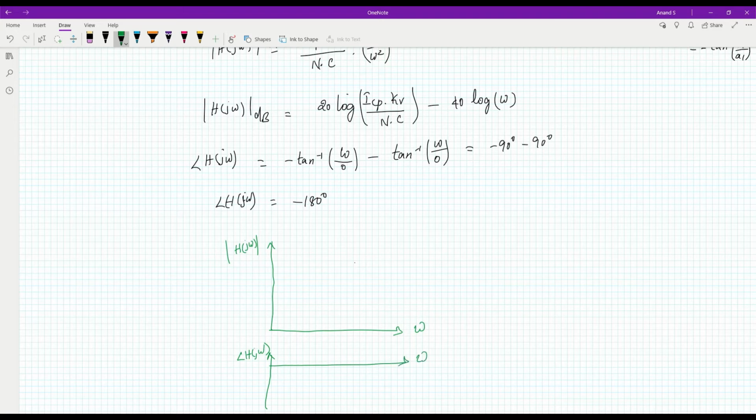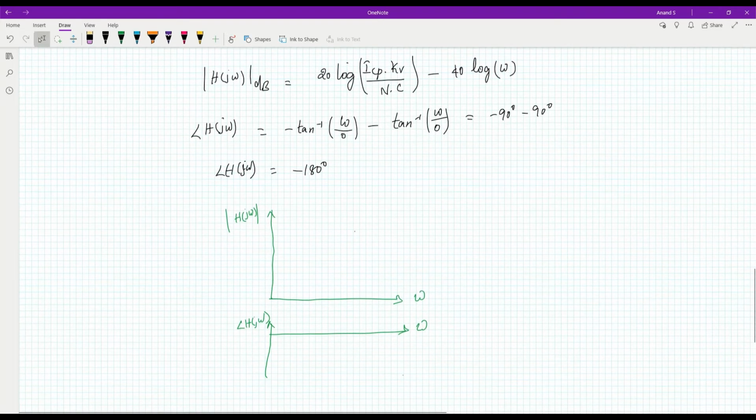If you see from this equation, as omega goes to 0, this term goes to infinity, so the gain will start somewhere at infinity. And the angle, which is independent of frequency, will start from minus 180 degree.